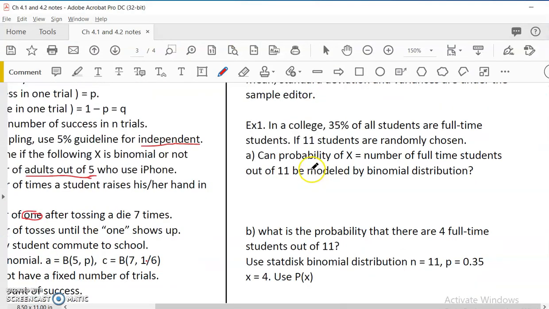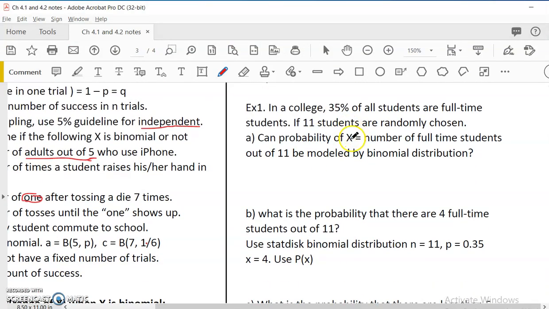After that, we'll see how we can use the calculator to do some applications. All these applications are modeled by the binomial distribution. When you look at these, think carefully about how come this can be modeled by a binomial distribution. In a college, 35% of all students are full-time students. So out of everyone, there's a 35% chance of a student being full time.